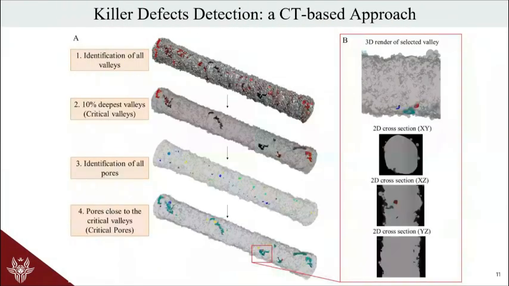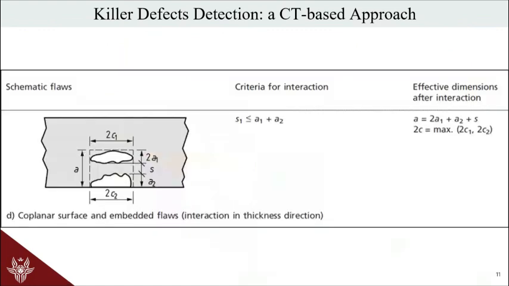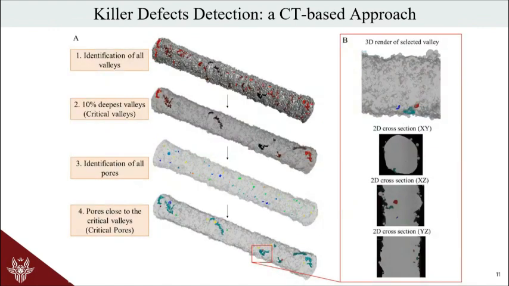On top of this, since we would like to find a way to properly design these prosthetic devices for wider and safer designs against fatigue, we CT scanned some specimens. We identified all the valleys within the specimens, and we isolated the 10% deepest valleys.